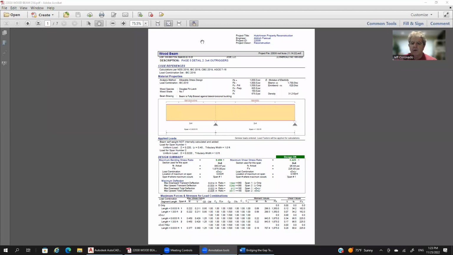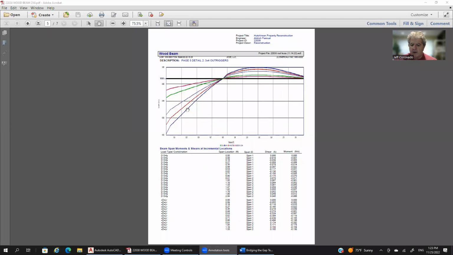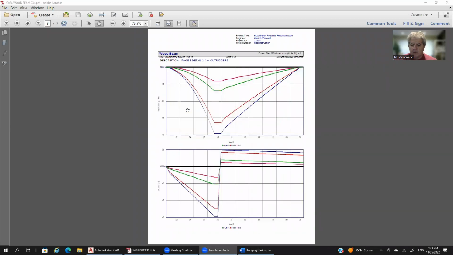And the way you can look at it in your output is by scrolling down and looking at your moment diagram. All right, so this is schematically the moment diagram. And what the moment diagram is telling you is that the entire length of the element has the bottom fibers in compression.